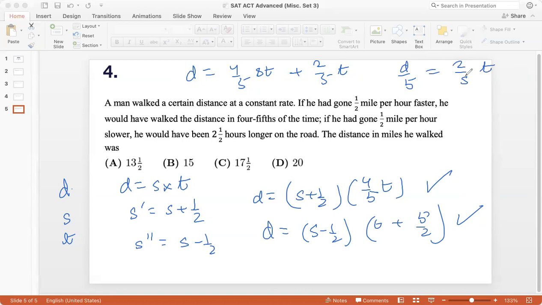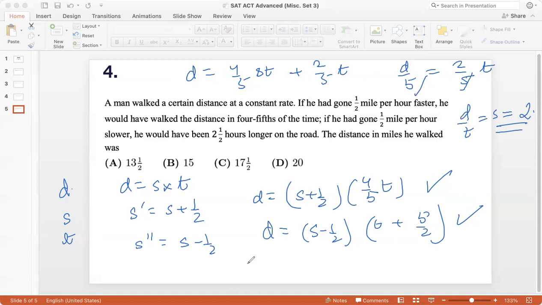And d over t is s, which becomes 5 and 5 cancel. So that's 2. So we know that the speed is 2.